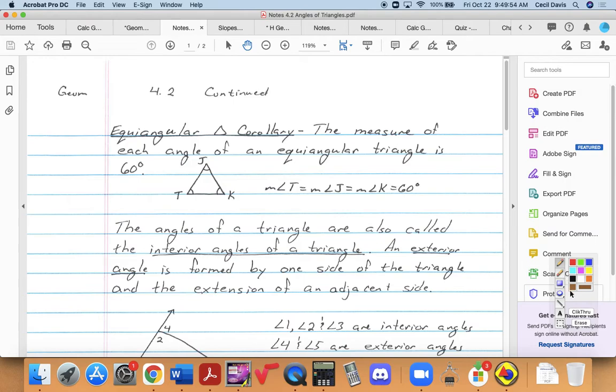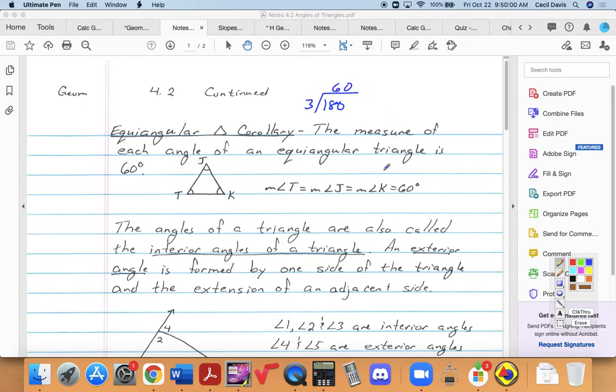If you take 180 and divide it by 3, you get 60. Every one of them's got to be 60 if they're all going to be equal. So if you have an equiangular triangle, each angle has to be 60 degrees. Doesn't come up a ton, but it comes up often enough to where you want to know this.